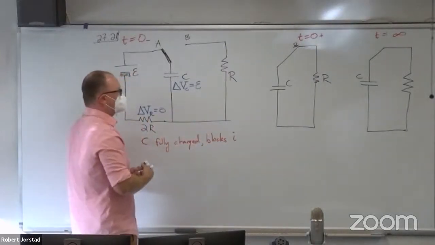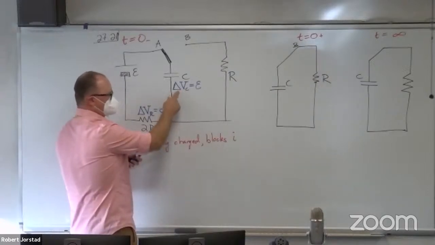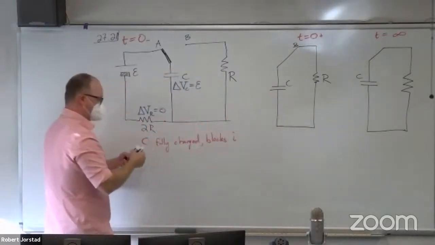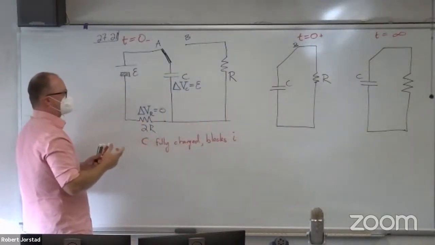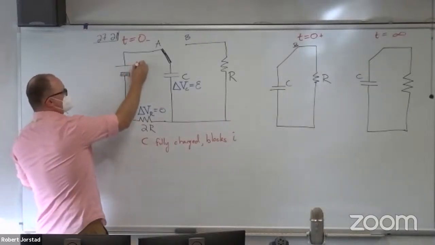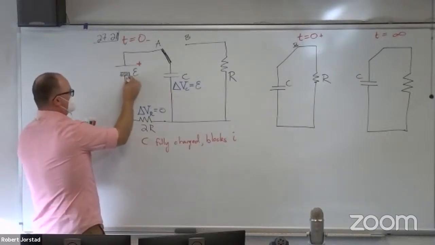Okay, so that's the piece of information we needed to get to. That's why I spent all my time figuring this out, because that's the piece of information we can bring over to here. Now, I heard somebody say it preserves charge. I want to think about that for a second too. This is the plus terminal of the battery, right? The E. And this is the minus terminal.